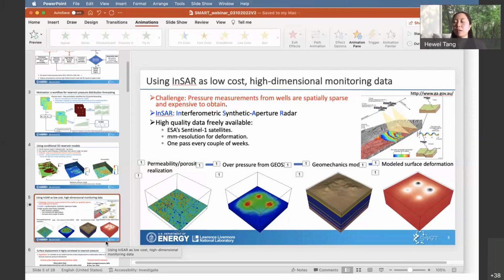There is no doubt. And we did have other projects, not carbon storage projects, for example, a project with the State of California. For oil fields in Southern California, they have abundant InSAR data, and we also have scientists with experience in dealing with this InSAR data to do analysis for steam injection and other surface expression cases. So yeah, I'm optimistic about this, though there are a lot of challenges to solve.